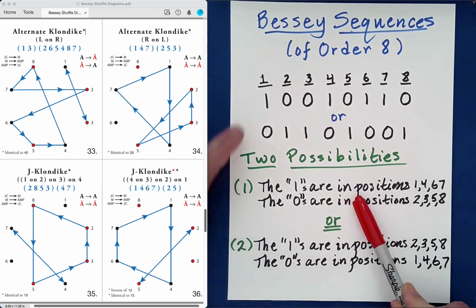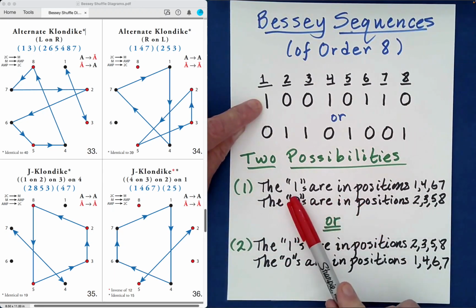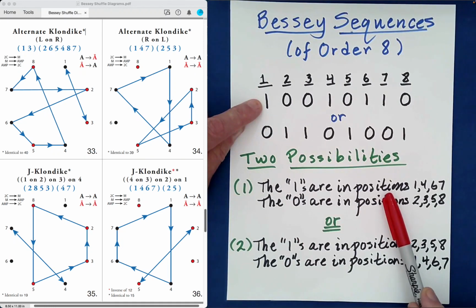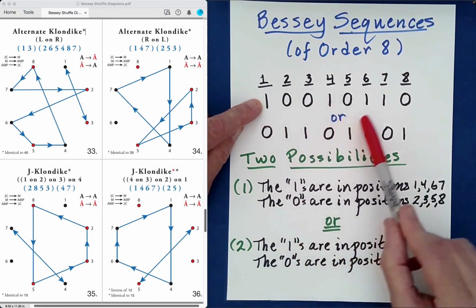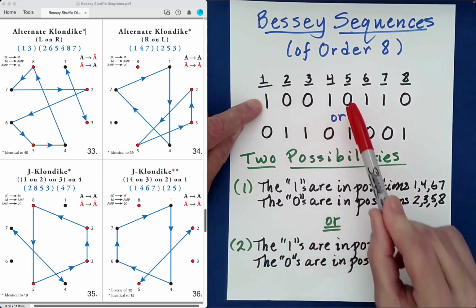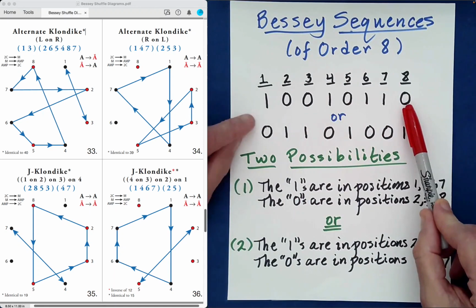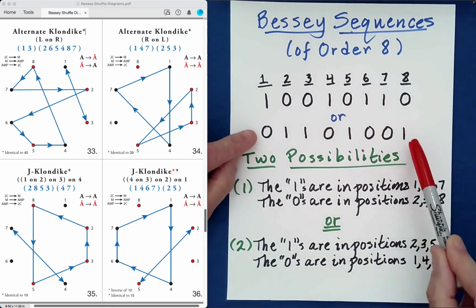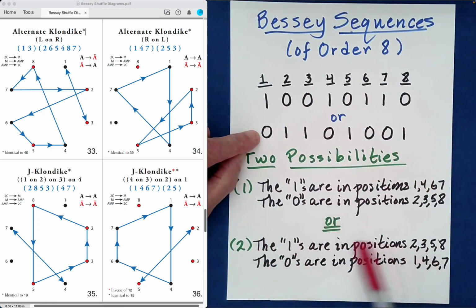So in the first case here, the ones are in positions 1, 4, 6, 7, and the zeros are in positions 2, 3, 5, 8. For the inversion of this sequence, the role of zeros and ones switch places.